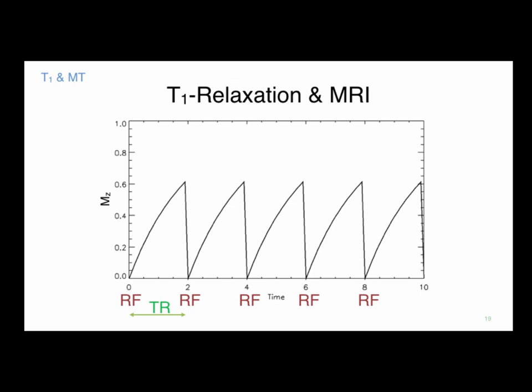So if you start with, say, a 90-degree pulse that completely tips the Z magnetization into the transverse plane, meaning that right after the pulse the Z magnetization is 0. And then you wait for a while, and during this waiting time, the Z magnetization recovers with the characteristic time again of the T1 relaxation.